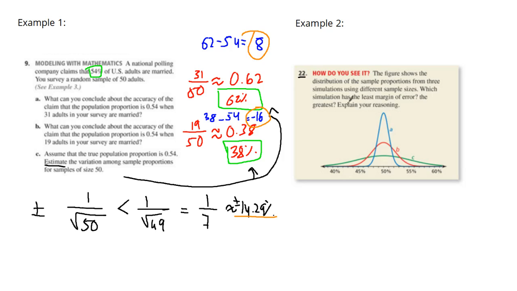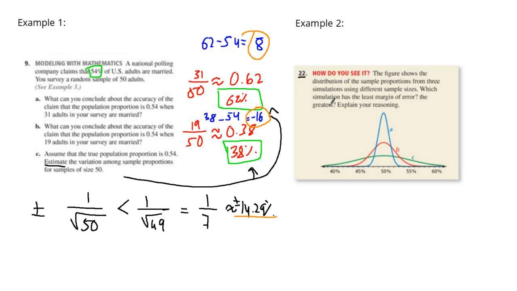Next example, 22. The figure shows the distribution of sample proportions from 3 simulations using different sample sizes. Which simulation has the least margin of error, and which simulation has the greatest margin of error? Explain your reason.